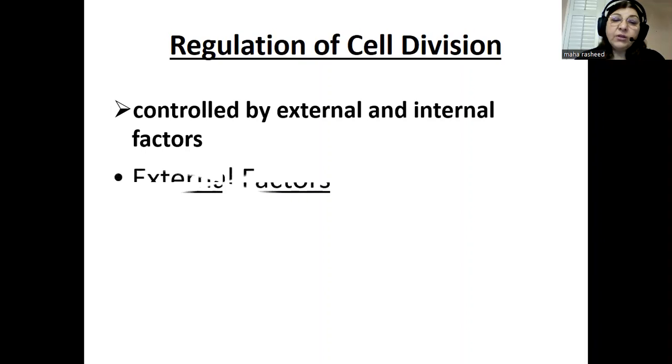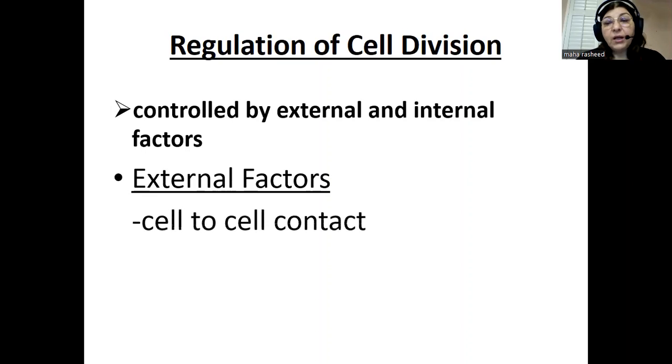So we're going to start with the external regulation, which is usually called cell-to-cell contact. What does that mean? With normal cells, when the cells divide and come in contact with each other, they stop dividing. That means there's no more space, so they stop dividing.